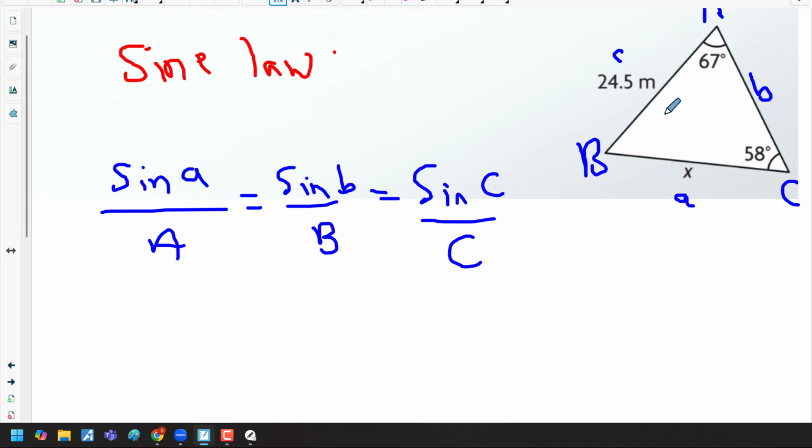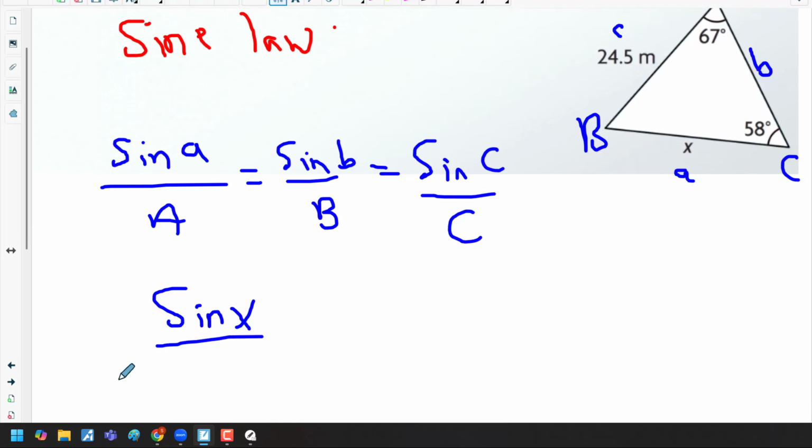So we're going to now substitute these numbers into our formula. So lowercase a is x, so we have sine x over capital A, which is 67. Wait. Sorry, I made a mistake somewhere. I was like, this doesn't seem right.